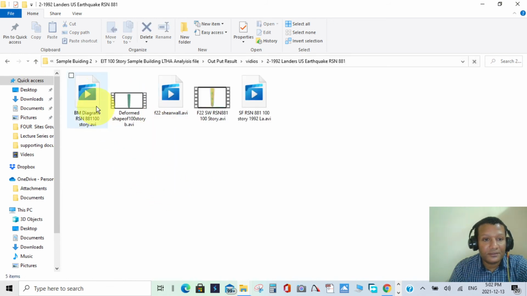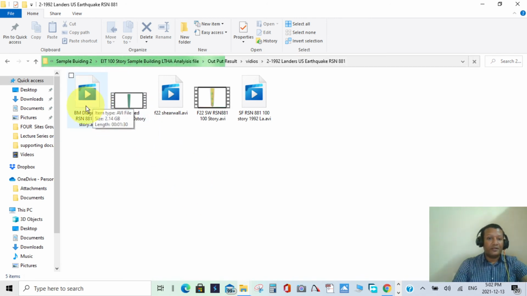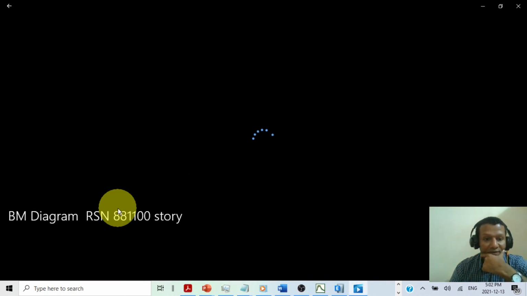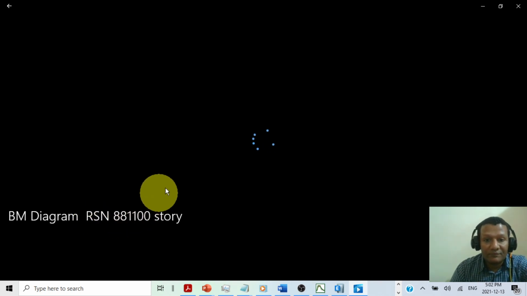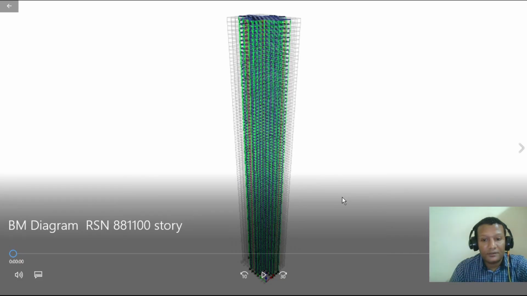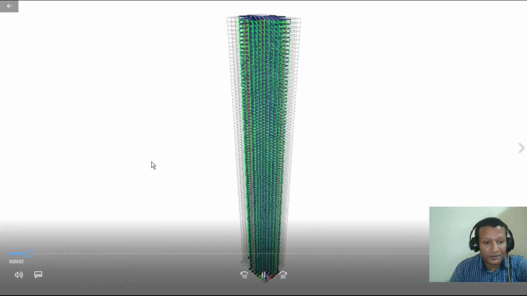Landers. Okay, let's see Landers. Let's start from the bending moment. This is the bending moment, RSN 8810. Okay, so now it has movement.